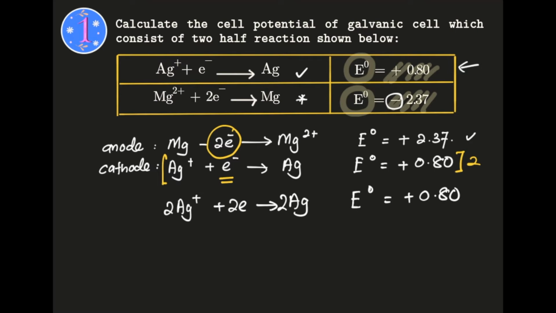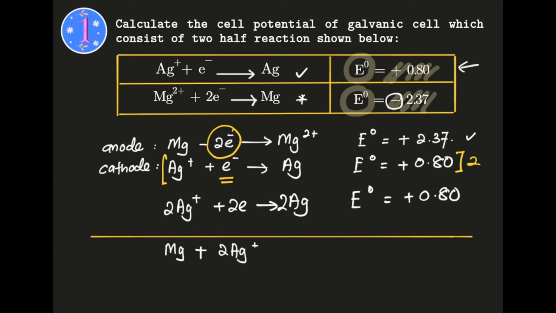Right? So now we are going to write the overall reaction for this half reaction. So you just need to write the whole thing here. So you will have your magnesium plus your argentum 2 plus.